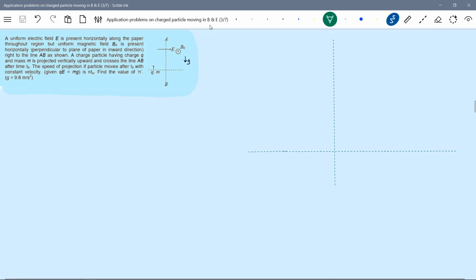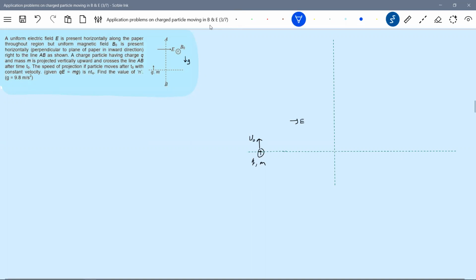Here it is projected. The speed of projection we don't know, that has to be determined. Let me call that U naught. So there's a charge Q and there's a mass. There's an electrostatic field. Now, what do you expect? This should be a parabolic path.